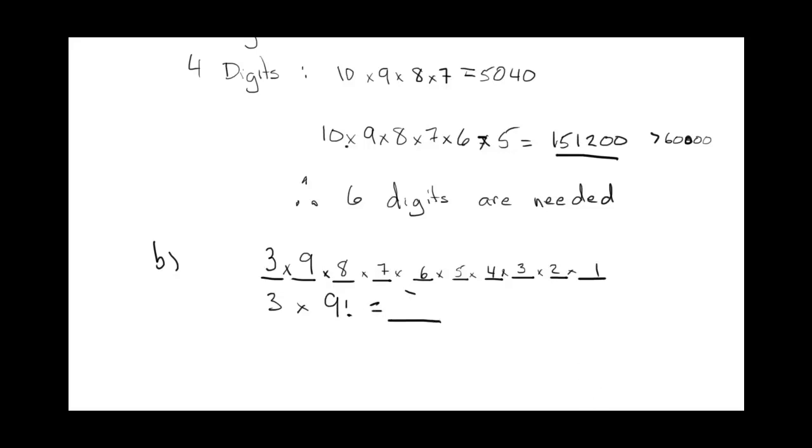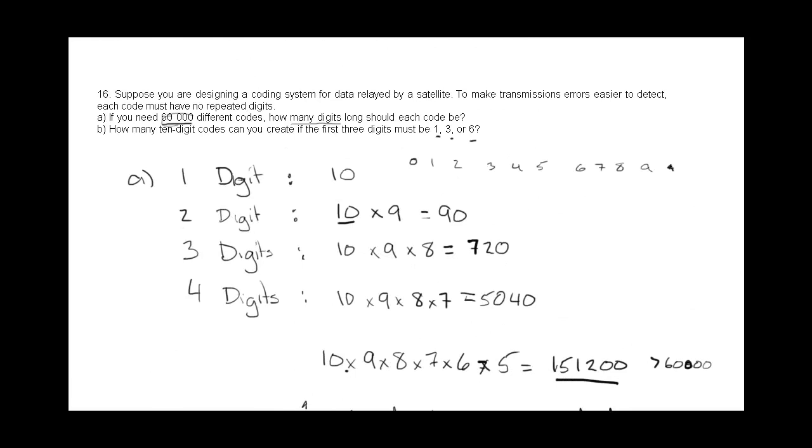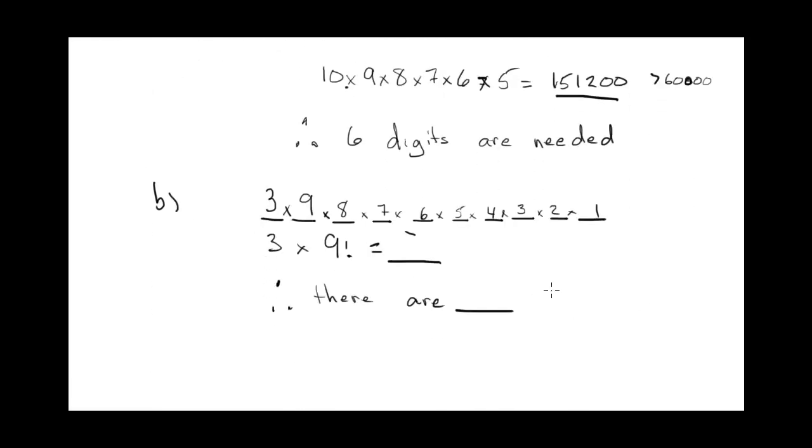That's your answer. So you would write, therefore there are however many that is, 10-digit codes. This number would be whatever that comes out to on your calculator.